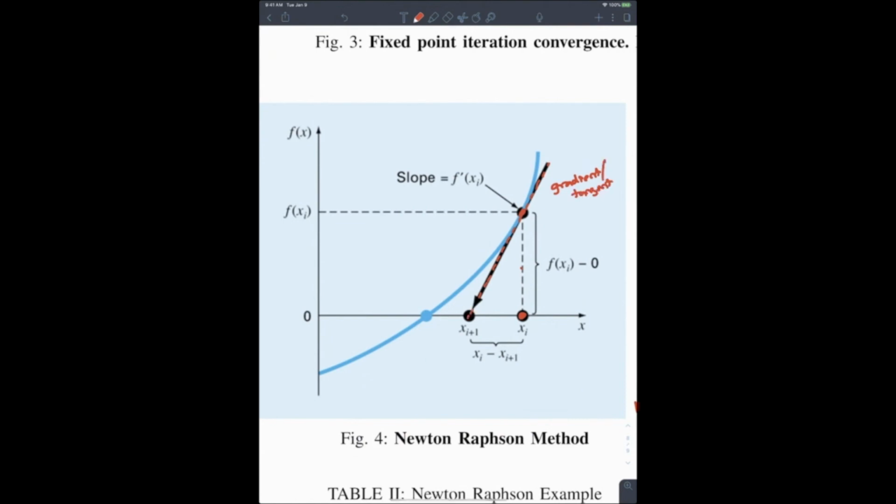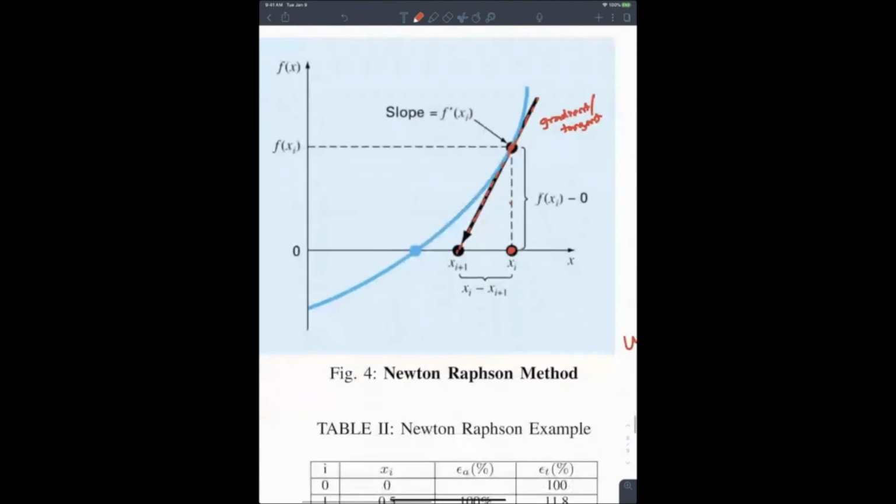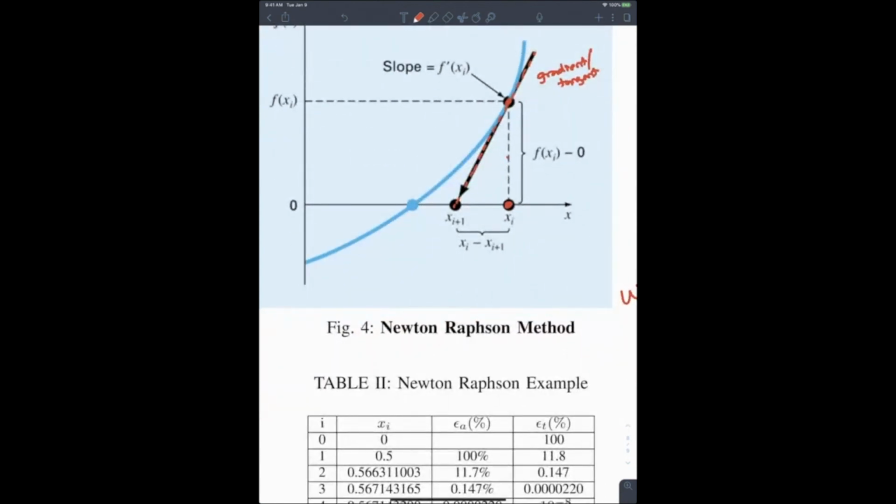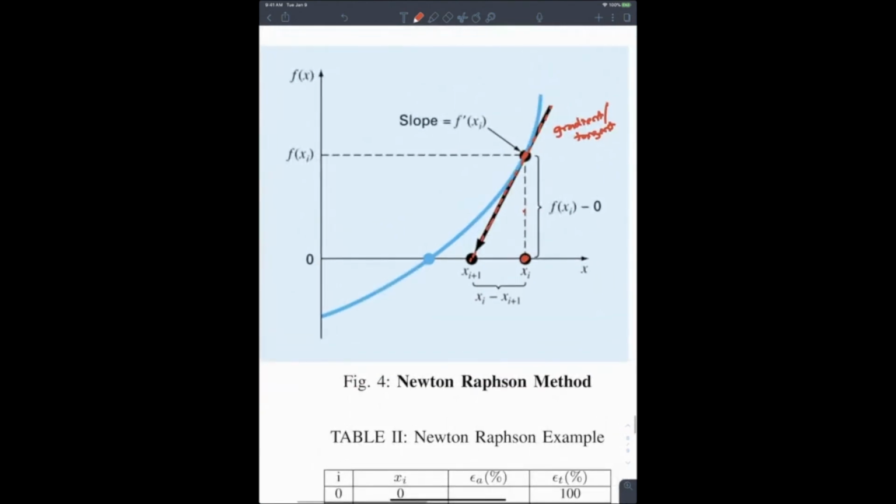When the tangent intersects the x-axis, that is the next root. So there's a geometrical way to represent this.